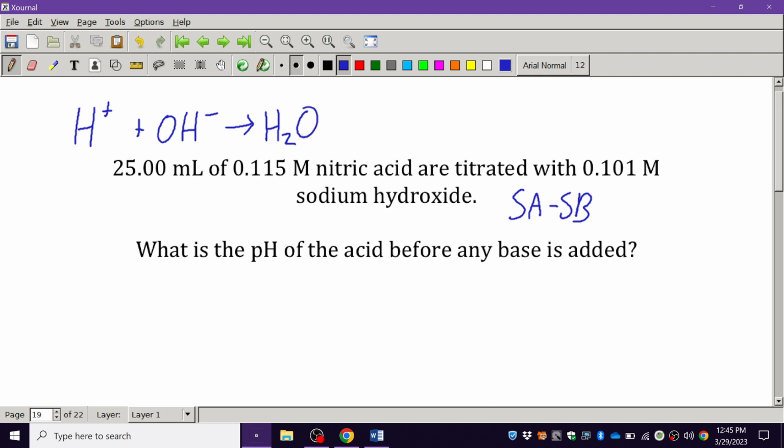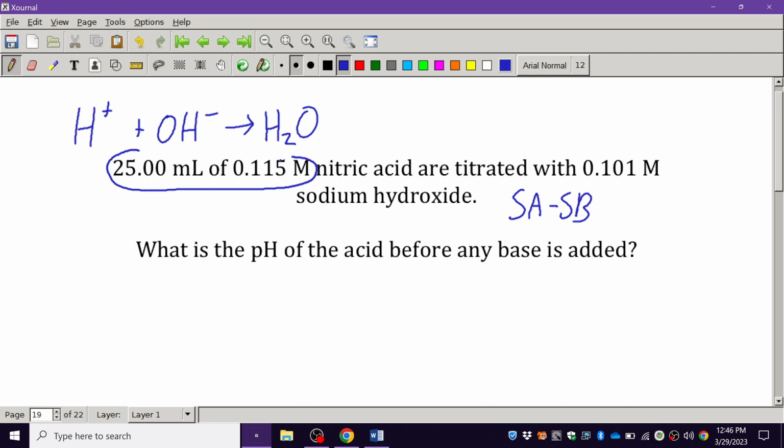Now there are a couple of other things that are useful to do to start with. How can I figure out how many millimoles of acid I'm starting with? Volume in milliliters times molarity. So let's do that.